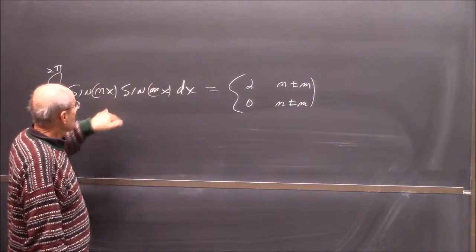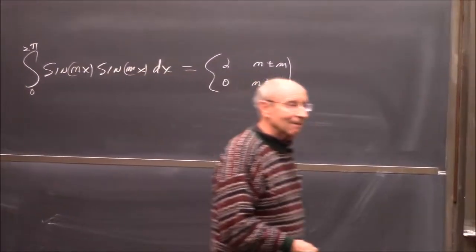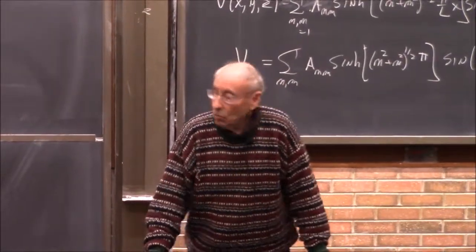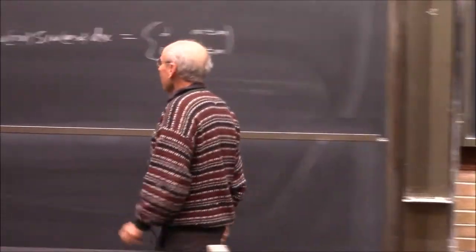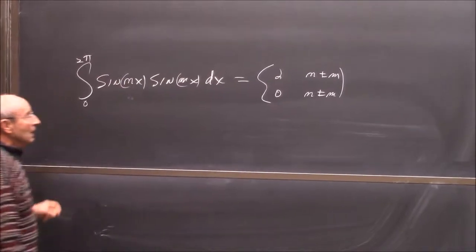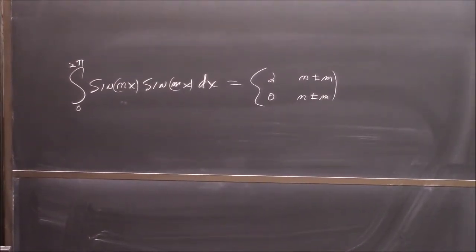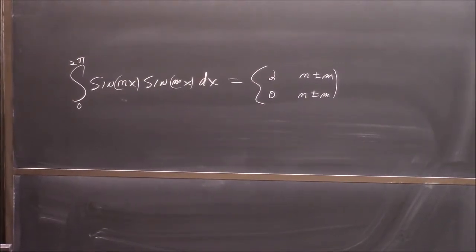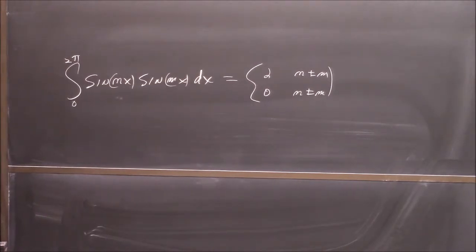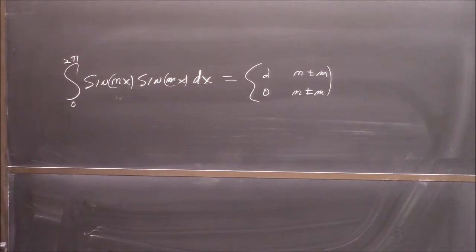If they were equal to each other, this would be the integral of sine squared. All right? And what is the integral of sine squared from 0 to 2 pi? Well, that we can work out, because what is the average value of sine squared over a period?